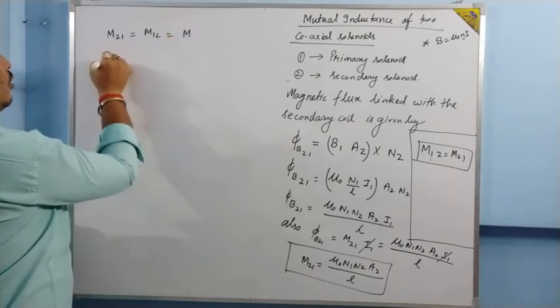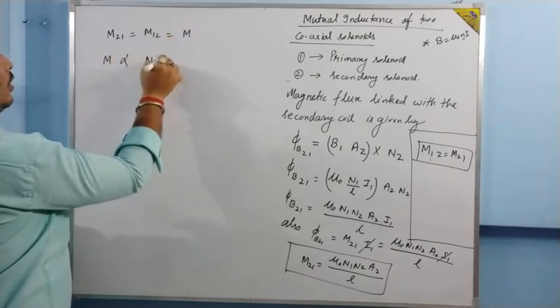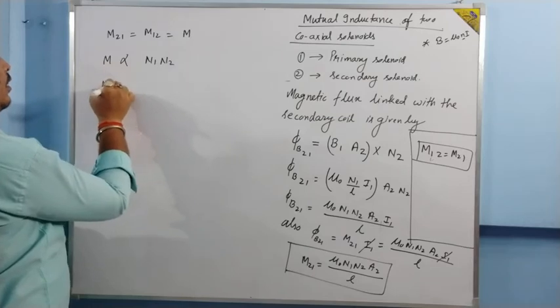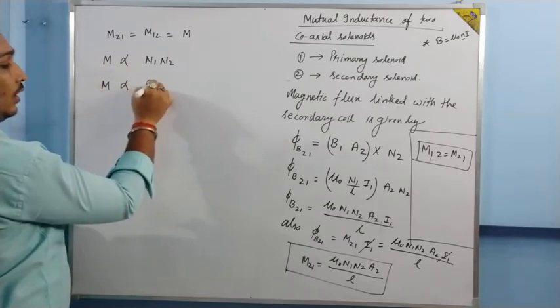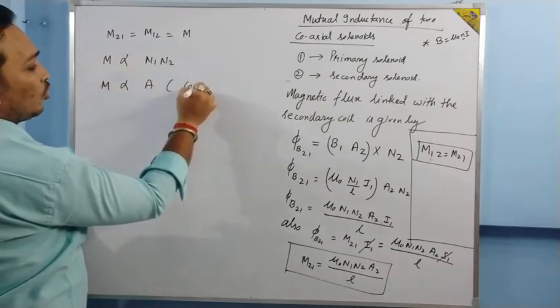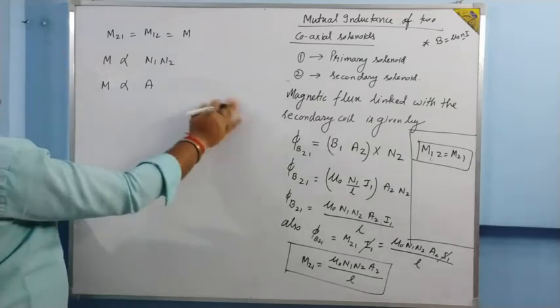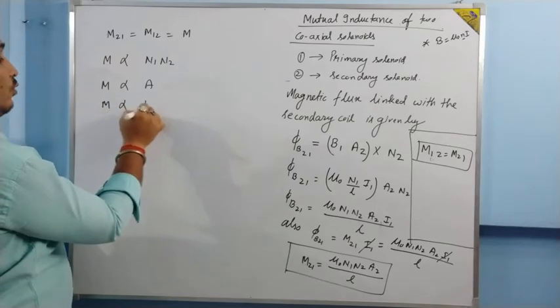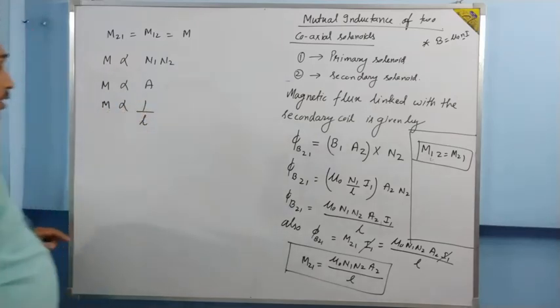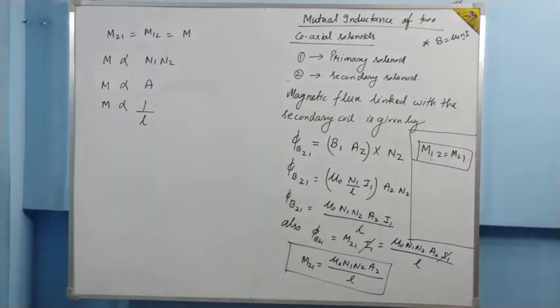Now M depends upon N1 and N2. M depends upon A, the common area, or area basically. And M is proportional to 1 by L, or we can say M is inversely proportional to the length.